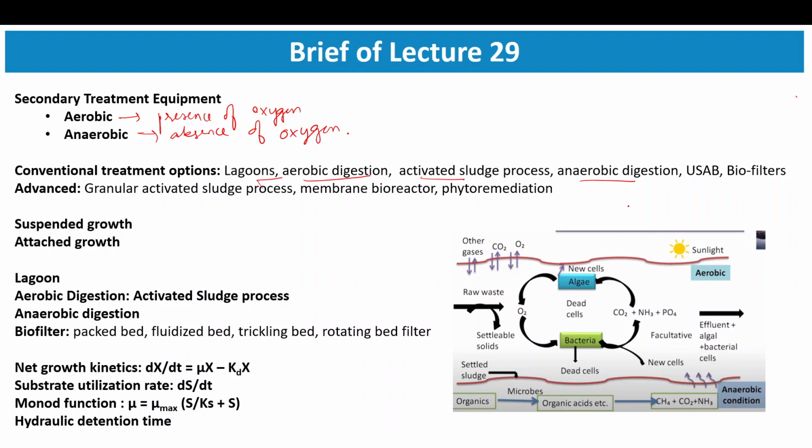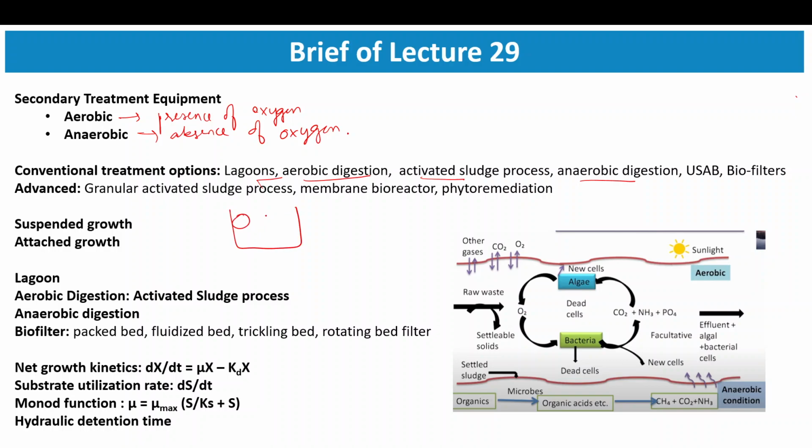So all these types of processes are used where microorganisms act upon the organics and convert them into some non-toxic form, for example carbon dioxide and water. Let's see how these processes work. The microorganisms that you provide can be provided to any process in two forms.